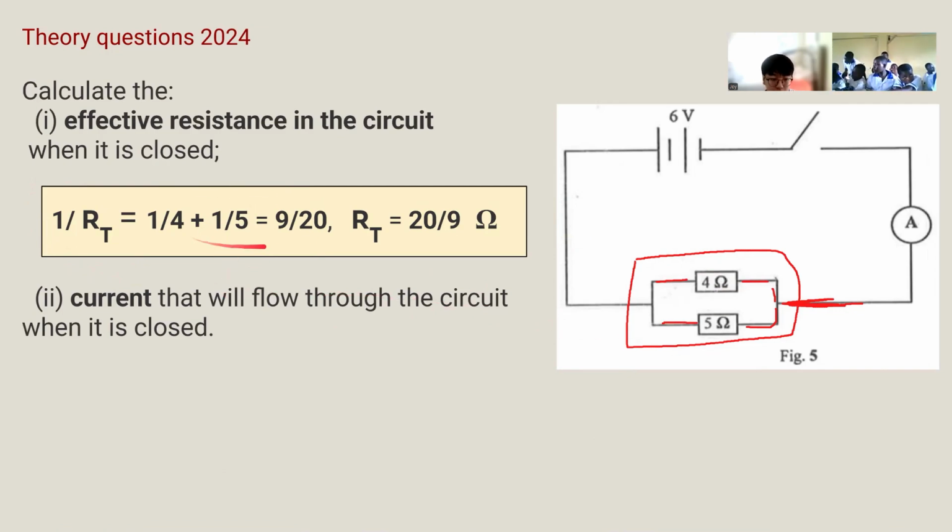If you add these, you get 9 over 20. And then at the end, remember to flip it, because 9 over 20 is 1 over the total resistance. So the ultimate total resistance is 20 over 9 ohms. That is how you calculate the total resistance.